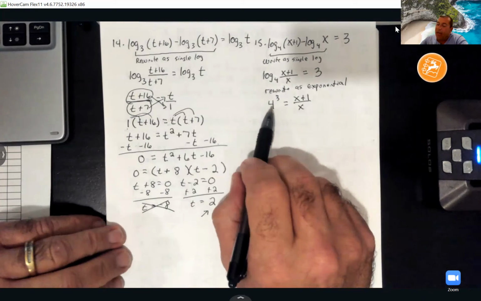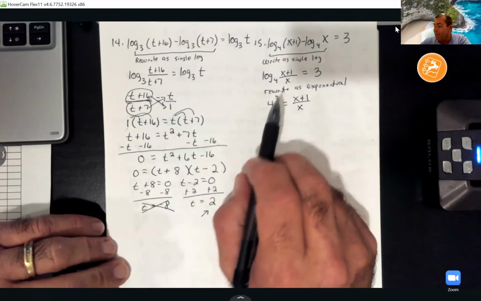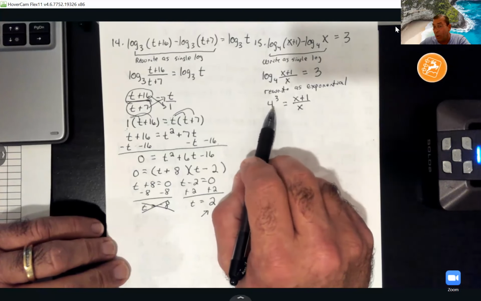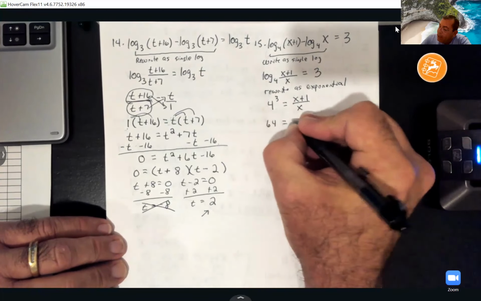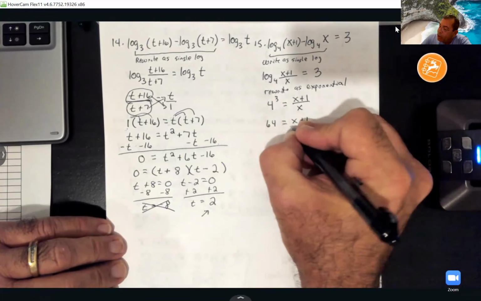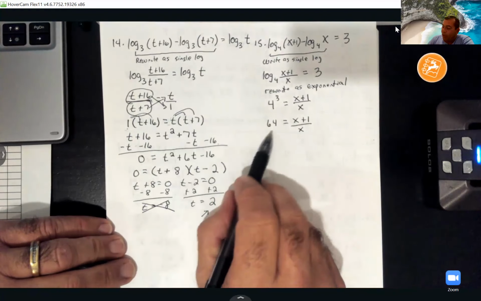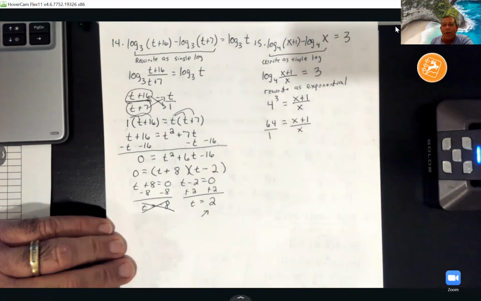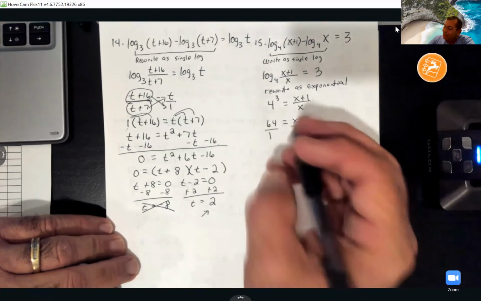So y'all, what I would start out by is figuring out what that 4 to the third power equals. So 4 times 4 times 4, 64. Okay, so I got 64 equals x plus 1 over x. So we're going to treat the 64 like it's got a 1 under it so that we can cross multiply this, okay?